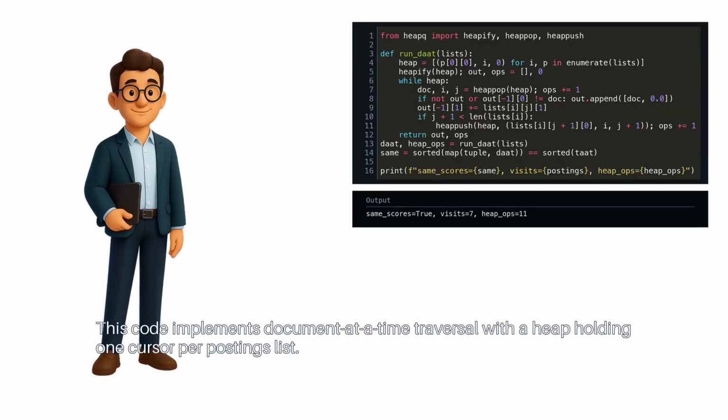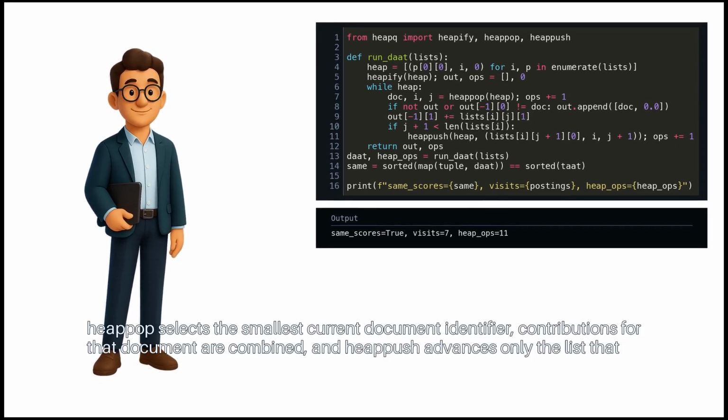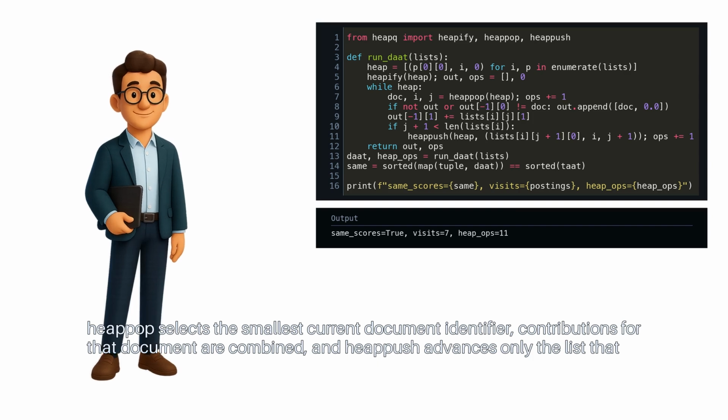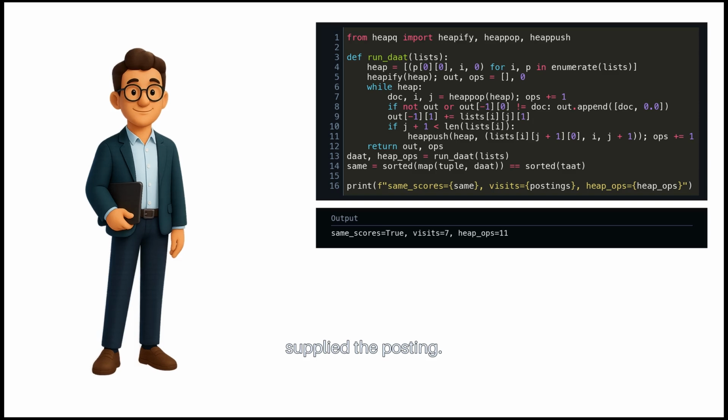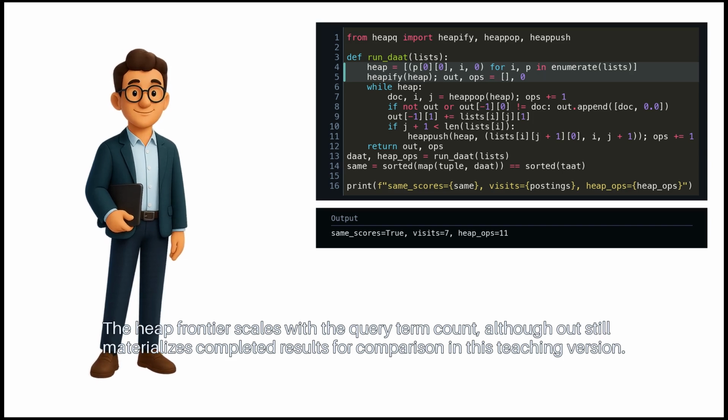This code implements document-at-a-time traversal with a heap holding 1 cursor per postings list. Heap pop selects the smallest current document identifier. Contributions for that document are combined, and heap push advances only the list that supplied the posting. The heap frontier scales with the query term count, although run DAAT still materializes completed results for comparison in this teaching version.